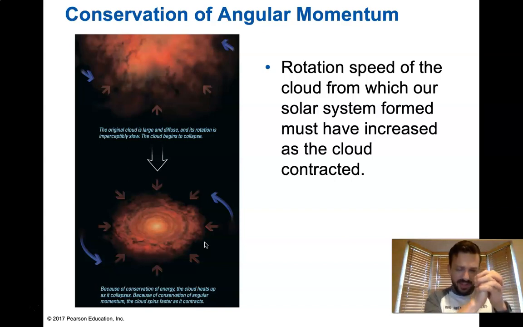And also, they begin to spin, because none of the particles in the nebula are just sitting there. They're all moving. When you bring things in closer and closer, they spin faster and faster, and also heat up. A good way of thinking about it is to get one of those little chairs that spin around.